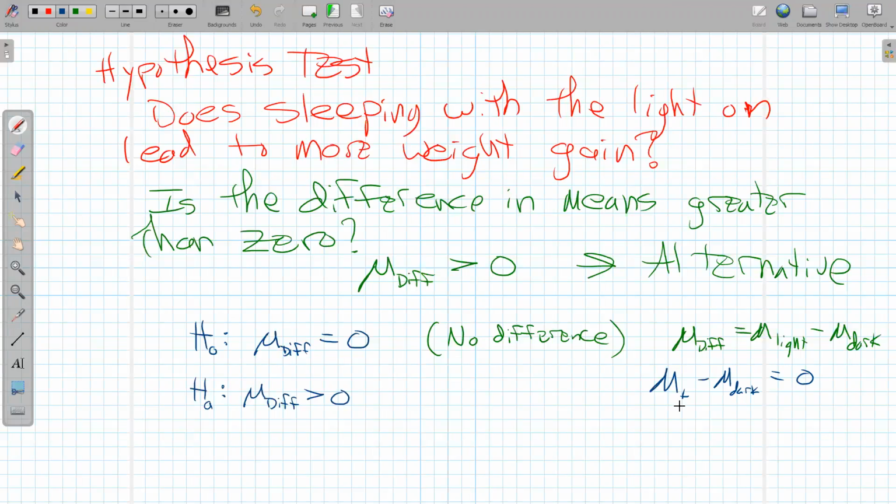So here it's subtracted. If I add it to the other side, that's equivalent to saying that the average weight gain for light mice is the same as average weight gain for dark mice. And whenever we compare a difference, that's pretty much the standard null hypothesis. That they're equal. Equal means no difference.